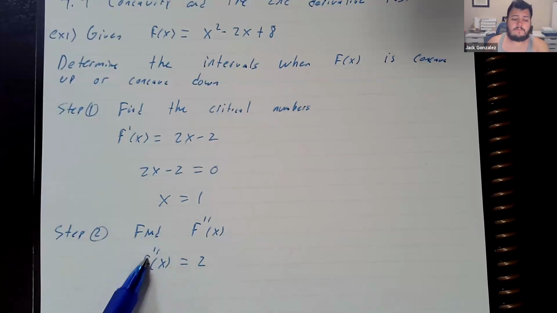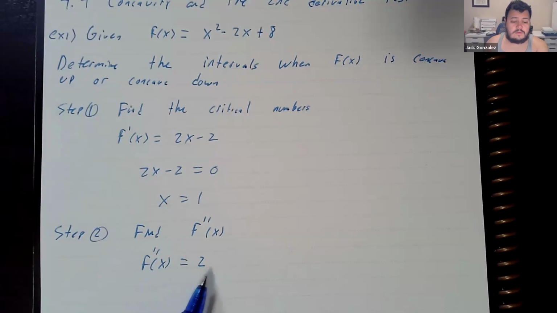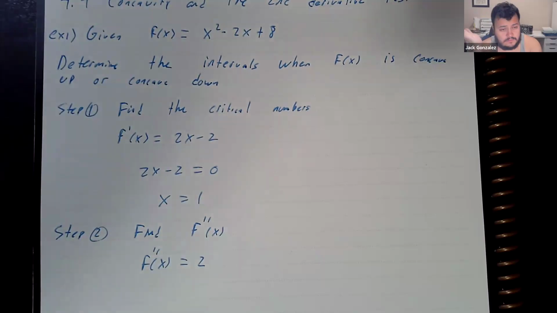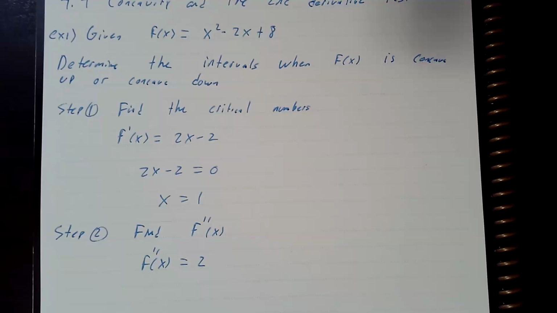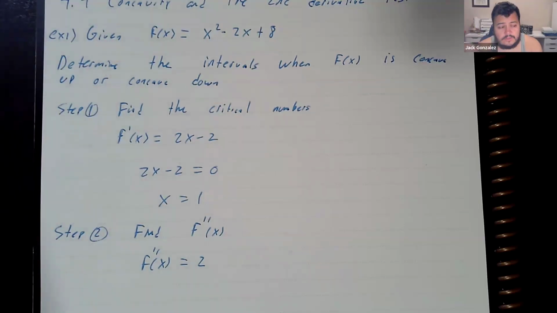But notice on this one, do you agree that no matter what x I choose, it's always positive? It's always two, right? No matter what. It's not a trick question. So since it's always two no matter what, then it's always concave up.